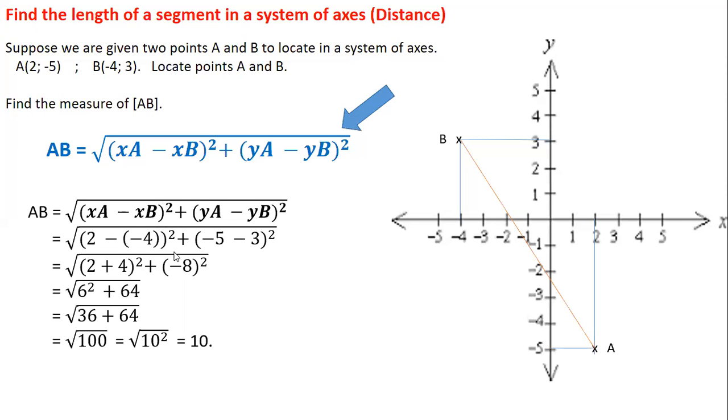I continue, all of it squared, plus the ordinate of A is minus 5, minus the ordinate of B is 3, all of it squared. Now here, Fadil, what I do is I always multiply the negative by the negative to have one sign only. Negative times negative is positive, so it becomes 2 plus 4, all of it squared. Is this your question, Fadil? So we only replace. If we are replacing a negative number after a negative, we should replace it in between parentheses, okay? Is this clear?